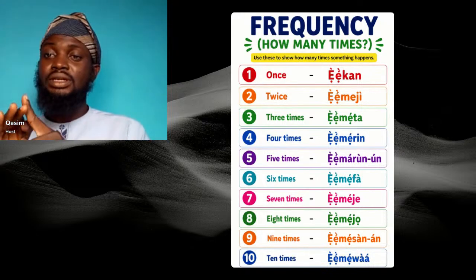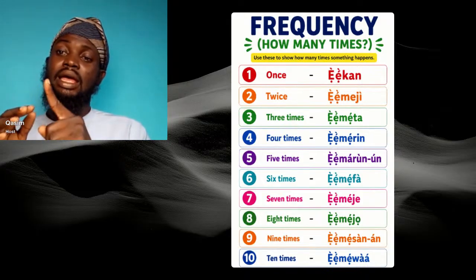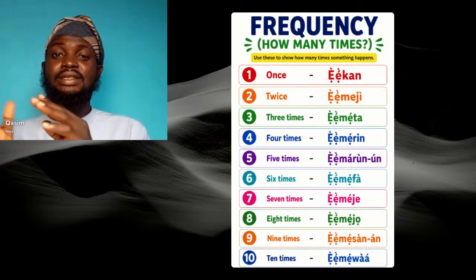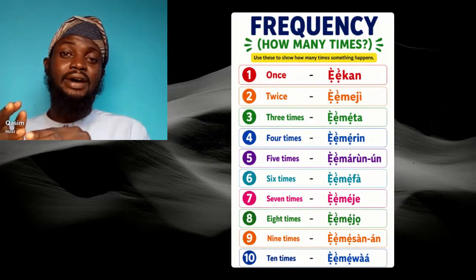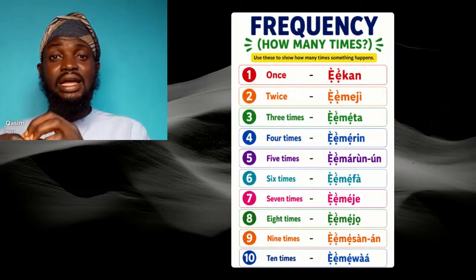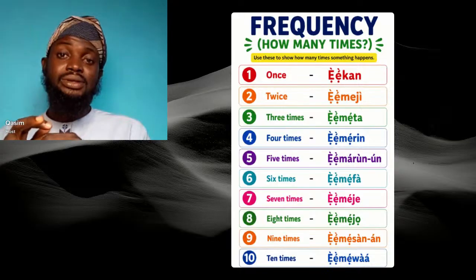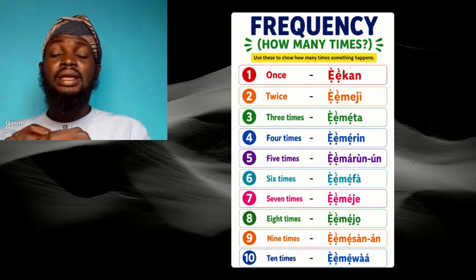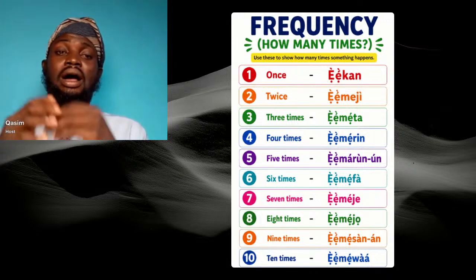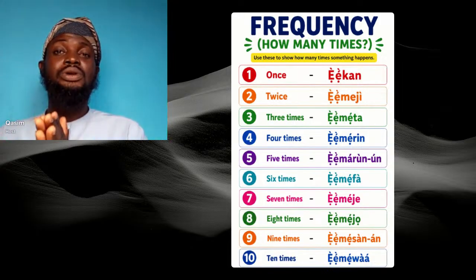Twice, ẹ̀ẹ̀méjì. 3 times, ẹ̀ẹ̀mẹ́ta. 4 times, ẹ̀ẹ̀mẹ́rin. 5 times, ẹ̀ẹ̀márùn-ún. 6 times, ẹ̀ẹ̀mẹ́fà. 7 times, ẹ̀ẹ̀méje. 8 times, ẹ̀ẹ̀mẹ́jọ. 9 times, ẹ̀ẹ̀mẹ́sàn-án. 10 times, ẹ̀ẹ̀mẹ́wàá. This is how we say frequency, or how many times things happen in Yoruba.